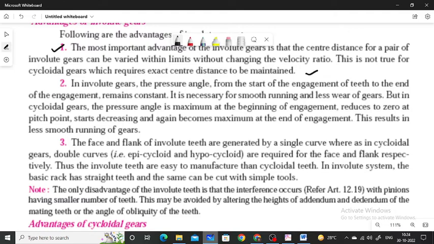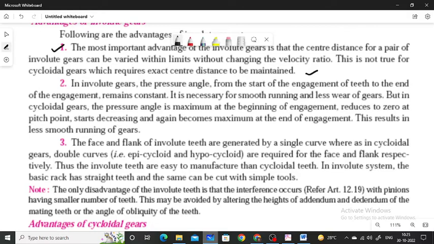But in cycloidal gears, the pressure angle is maximum at the beginning of the engagement, reduces to zero at pitch point, starts increasing and again becomes maximum at the end of engagement. This results in less smooth running of gears. This is the second advantage of involute gears.